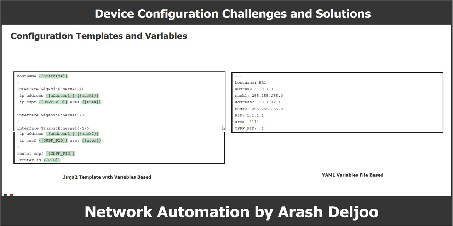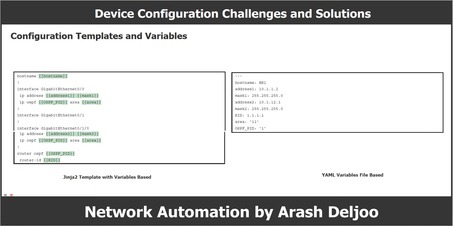The template mimics the configuration in the previous example, except for placing variable names inside sets of double curly brackets. As you can see, hostname, then double curly brackets hostname. Interface GigabitEthernet 0/0, IP address, again double curly brackets address and double curly brackets mask, and so on. Now we have a Jinja2 template with variable-based values.